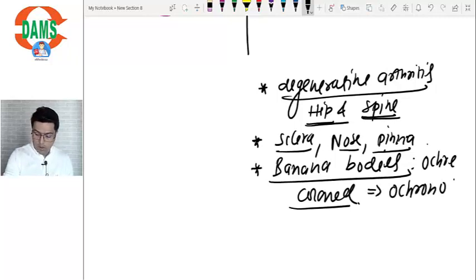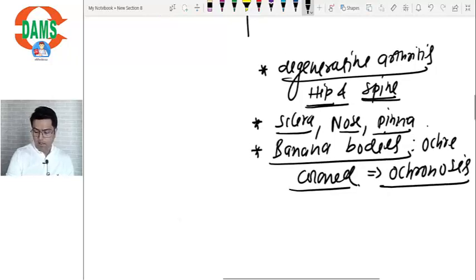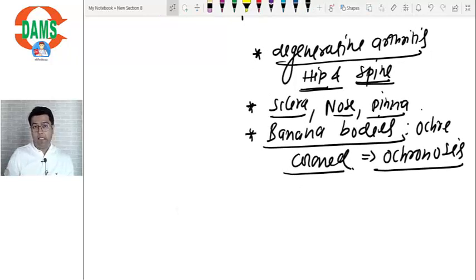Ochre is the color of clay or mud or mustard, something like that. So the term ochronosis is also used here. Clear? So that's the question.